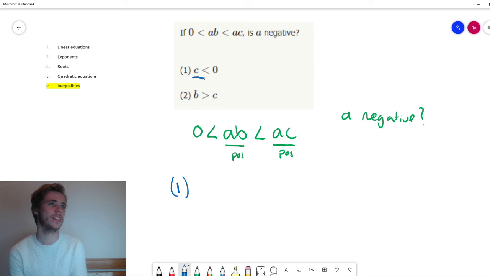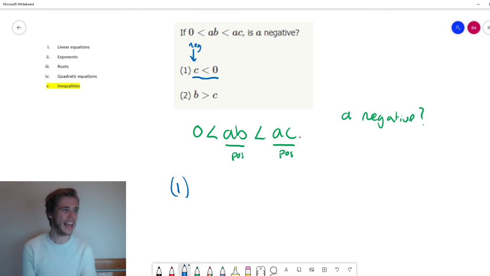The first statement is quite easy. C is smaller than 0, so C is negative. If C is negative and this number is positive, what must A be? A must be a negative number as well, otherwise it cannot be a positive number.